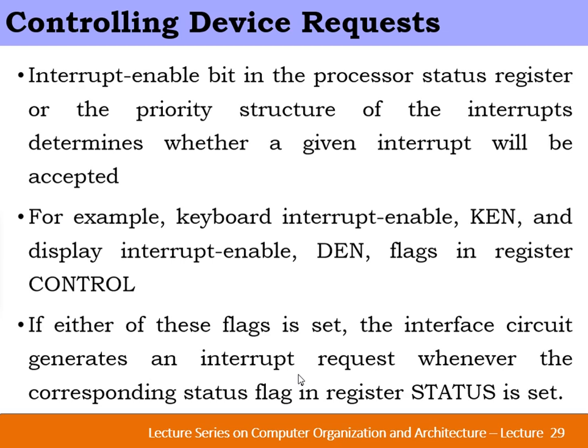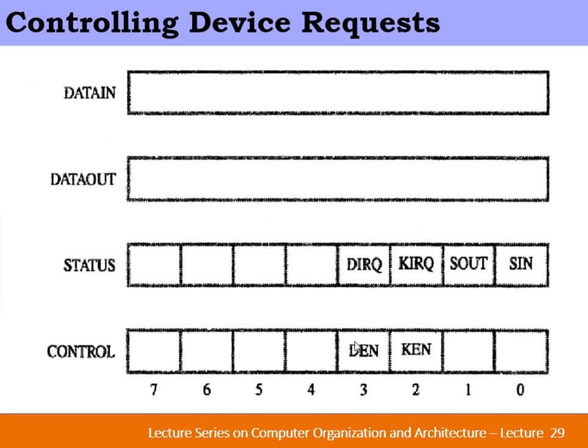If any one of these enable bits is equal to 1, then the interface circuits can generate an interrupt request whenever the corresponding status flag in the status register is set. The status flags are SIN and SOUT. SIN and SOUT become equal to 1 whenever an IO device becomes ready, that is, when either the keyboard or display device becomes ready for data transfer.